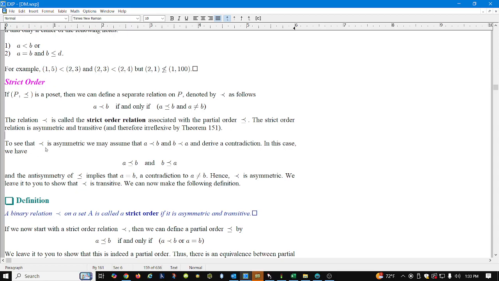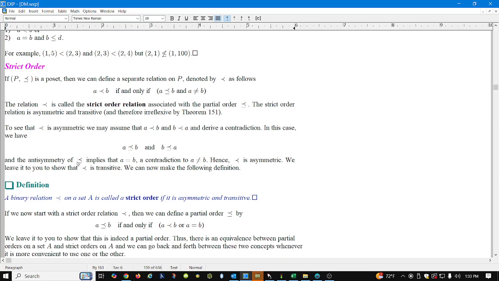And to see that the less than relation is asymmetric, one way to do it is to assume that A is less than B and B is less than A and produce a contradiction. Well, if A is less than B, it's less than or equal to B, and similarly, B is less than or equal to A, but the full relation is antisymmetric, which would imply that A equals B, which would contradict A less than B by definition.